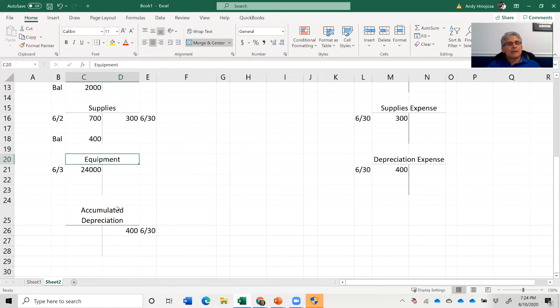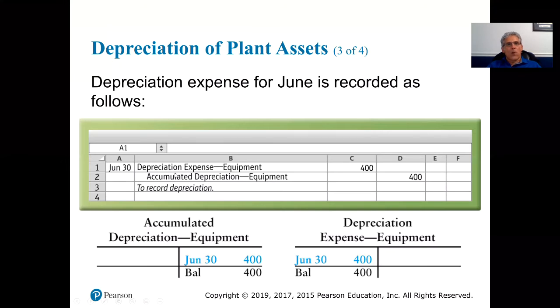But in the meantime, we are creating a contra asset account called accumulated depreciation, and we're going to credit that account. We're going to keep the integrity of the original costs under equipment and credit the amount to accumulated depreciation. So this is the journal entry: depreciation expense, $400, accumulated depreciation, $400.